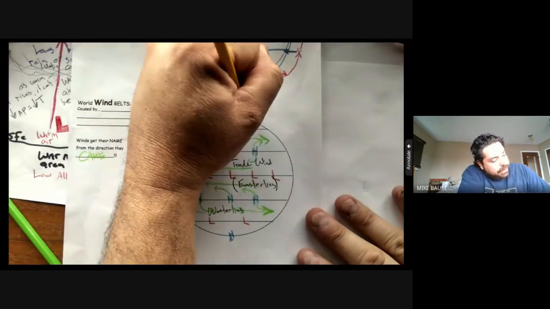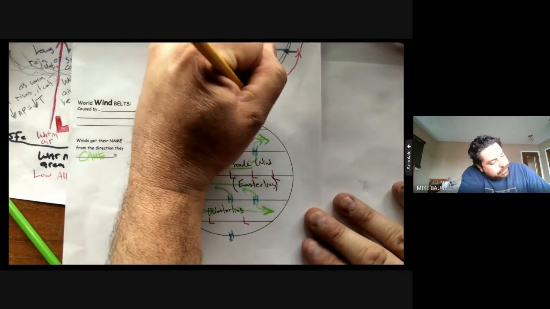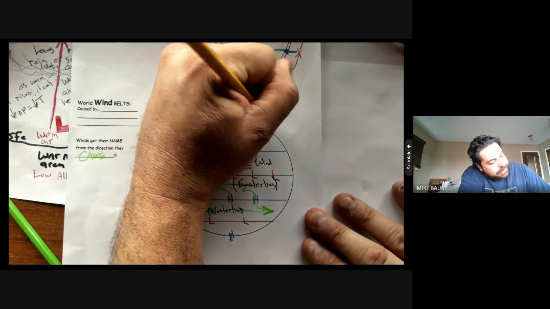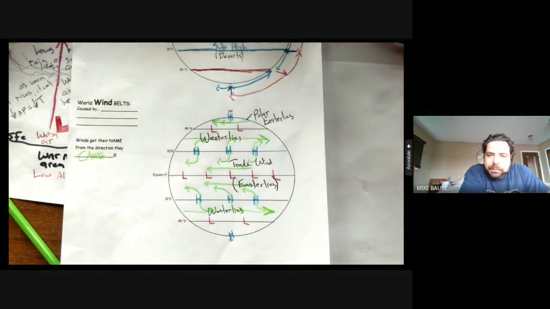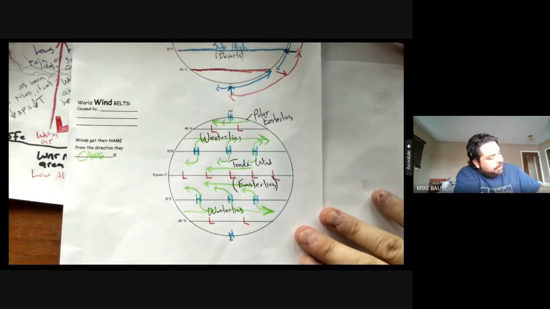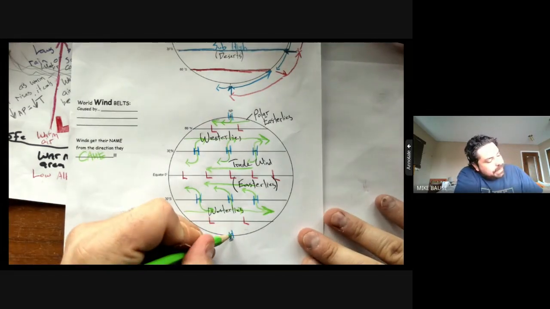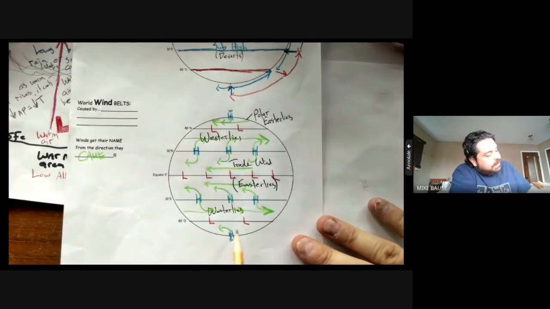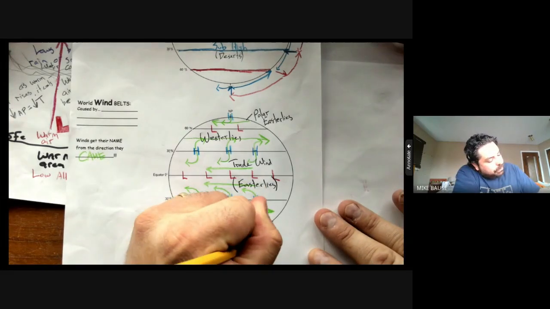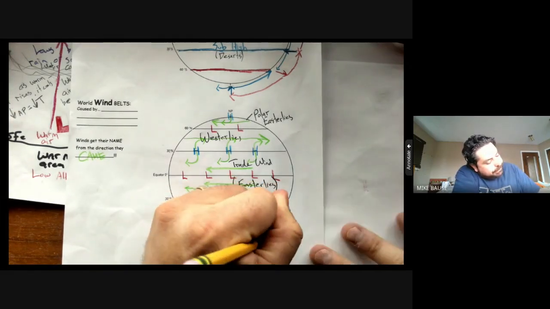So we call this the polar easterlies. Same thing happens down here, except the air comes out of the high and gets deflected to the left. When it gets deflected to the left, we get these belts that are moving from right to left. Again, this is a polar easterly.